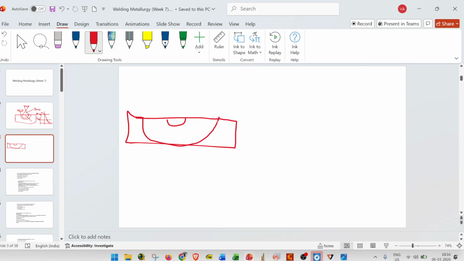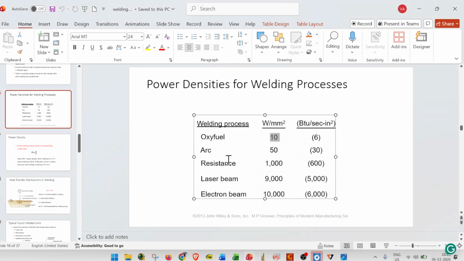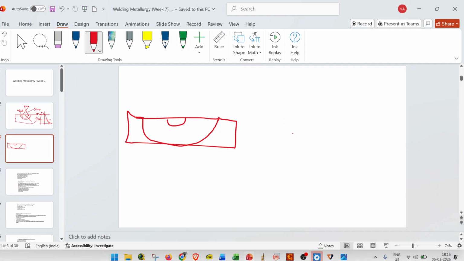But if we come to laser or electron beam welding, heat input is very high, so that within a fraction of time it will melt, and the heat affected zone will also be very small, because there is less time for the molten heat to diffuse to the base material.